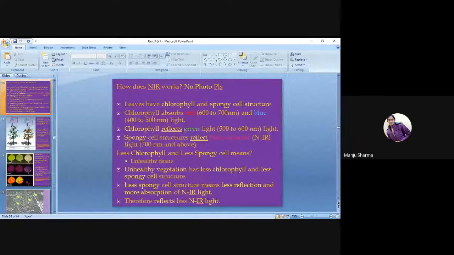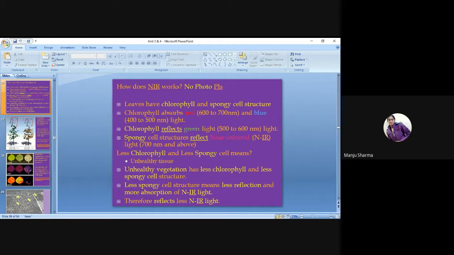So how does near infrared work? Leaves have chlorophyll and spongy cell structure. Chlorophyll absorbs red, 600 to 700 nanometer, and blue, 400 to 500 nanometer light.